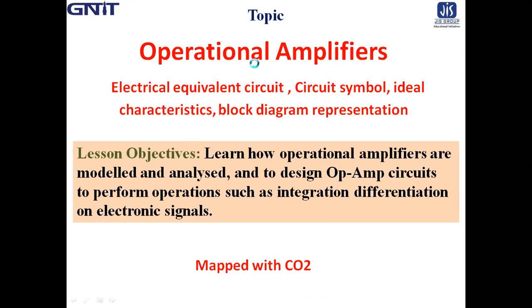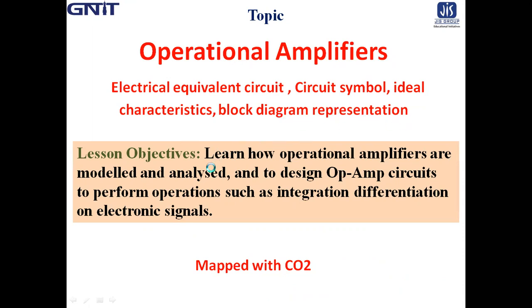Now today we are going to start on operational amplifier with the topic of electrical equivalent circuit, circuit symbol, pin configuration, ideal characteristics, and block diagram representation.